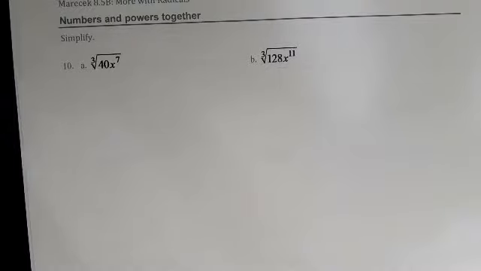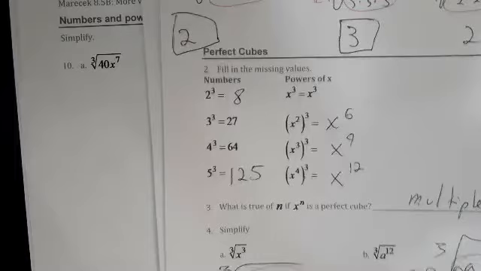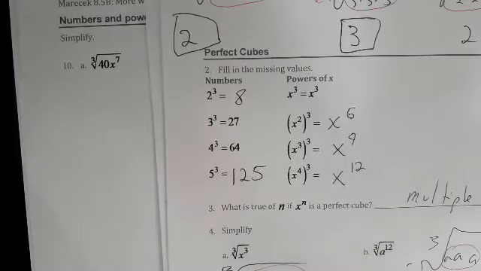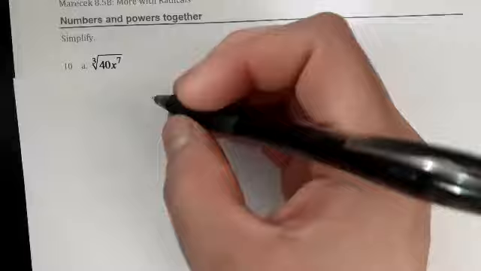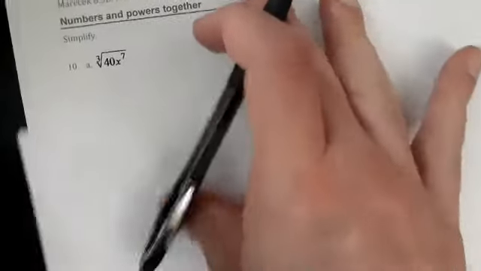We're looking along here at our perfect cubes. We're looking at 8, 27, 64, 125. Start with the lowest, 8 and 40. I think we can divide 40 into an 8 and 5. Instead of 40, I think I'm going to write the cube root of 8 and the cube root of 5.